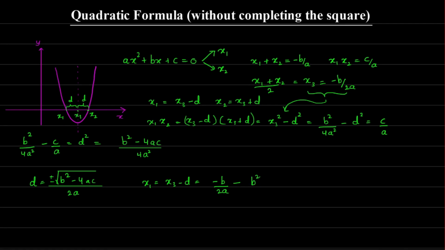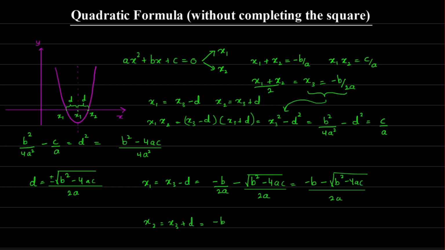So we have the square root of b squared minus 4ac divided by 2a. That's equal to minus b minus the square root of b squared minus 4ac, divided by 2a.